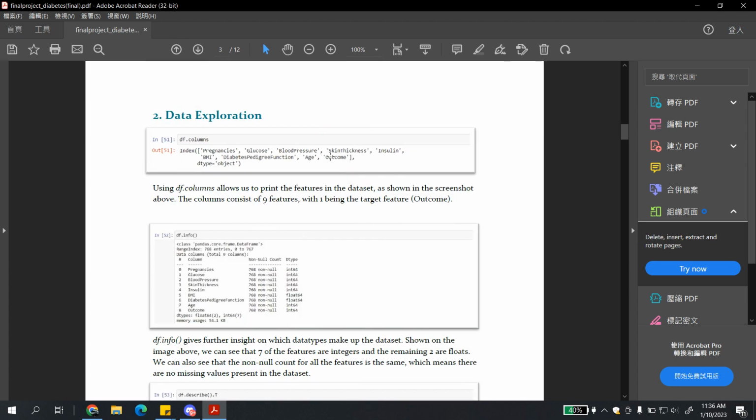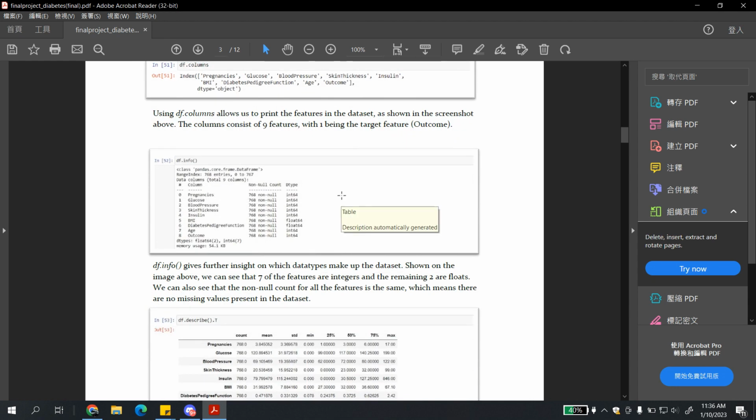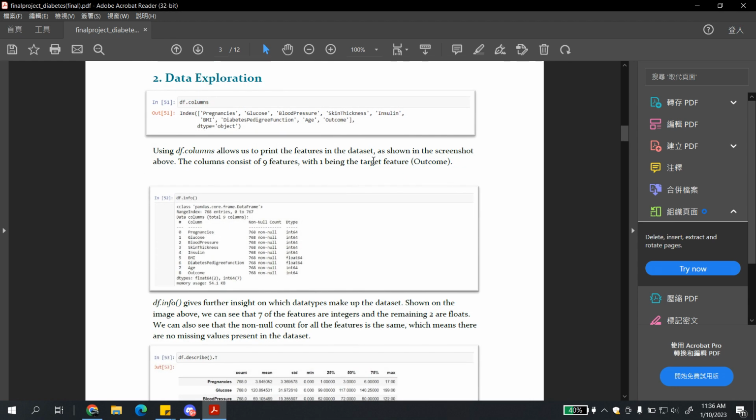The outcome gives a value of 0 or 1, 0 being no presence of diabetes, and 1 meaning tested positive for diabetes.